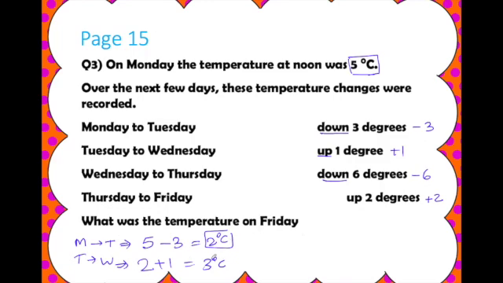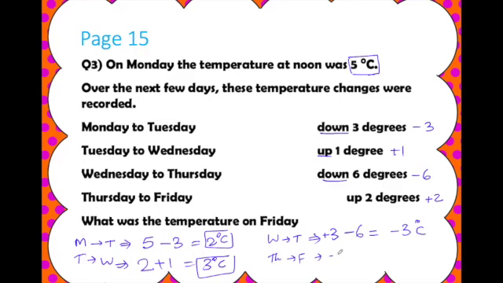On the next day, which is Wednesday to Thursday, starts with 3 and drops down by 6. 3 minus 6, we have positive 3 and negative 6. Different sign, so subtract. So the answer is 3 and put the sign of the larger number, which is negative 3 degrees Celsius.